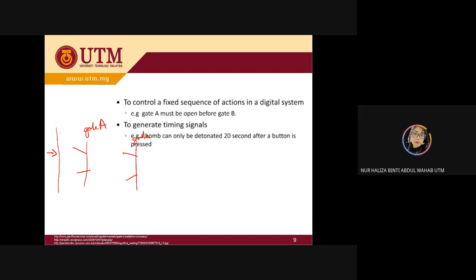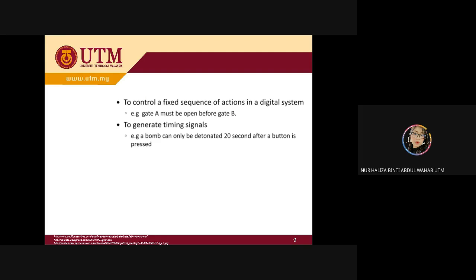Let's say it starts at 5 seconds, or maybe 5 p.m., and it's going to automatically open after you count until 30 seconds. Then gate A will open first. After another 30 more seconds, the car can move along after they count up to 1 minute altogether. So this is just an example. The scenario, as I mentioned, depends on you.